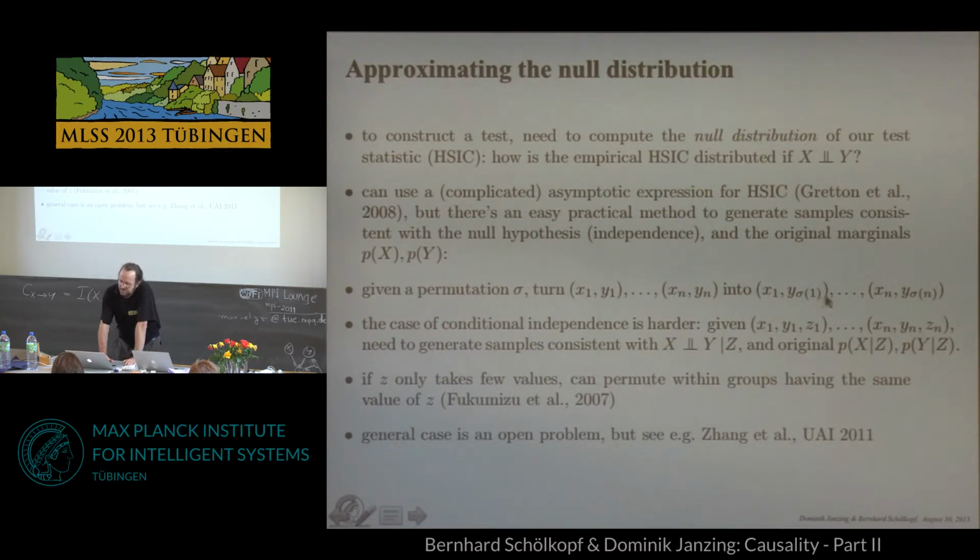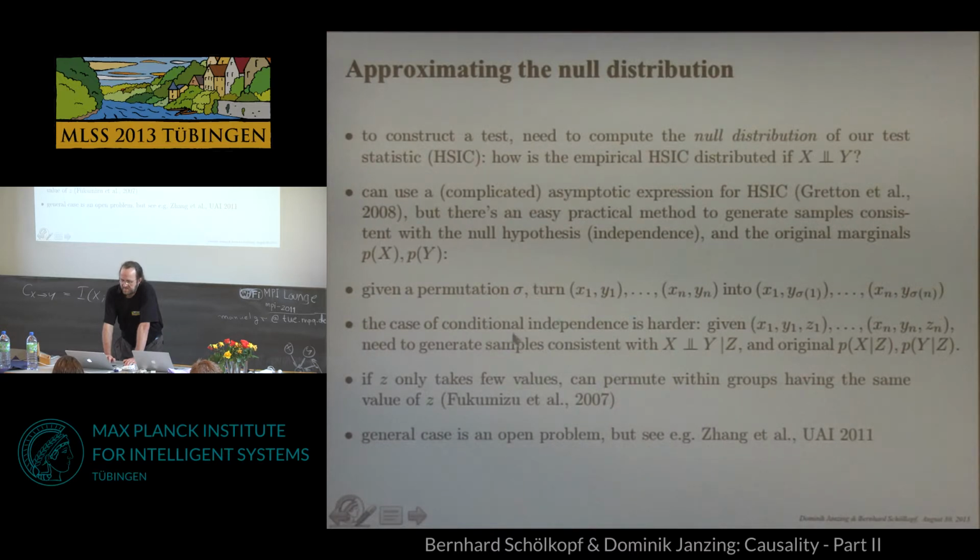We simply apply a permutation to, for instance, the y values. If we mix up all the y's but keep the x's, so we pair up the y's with the wrong x's, then of course the marginal distributions p of x and p of y don't change. We have only changed the ordering of the y's, but we have broken the dependence between the two. So now x and y are independent.